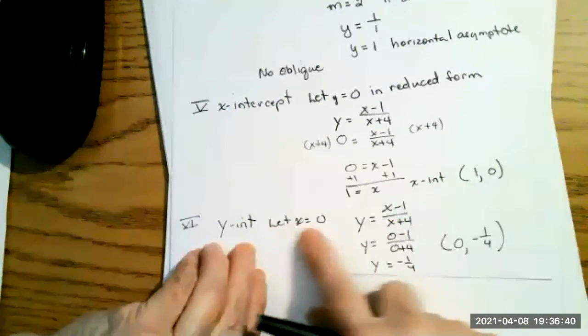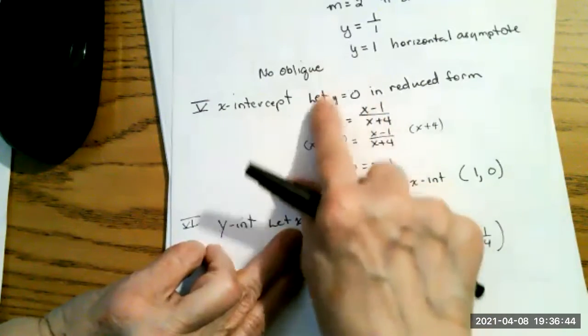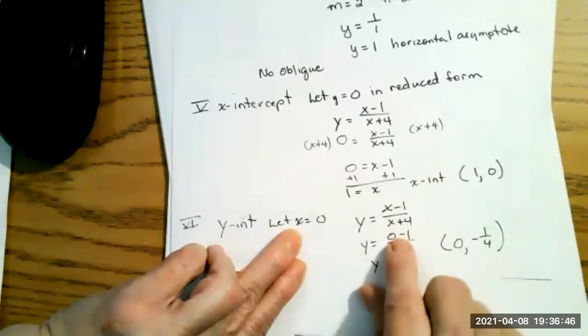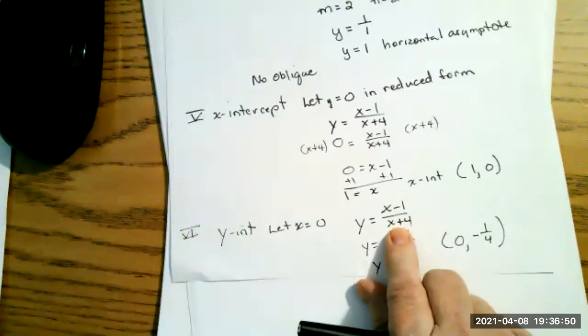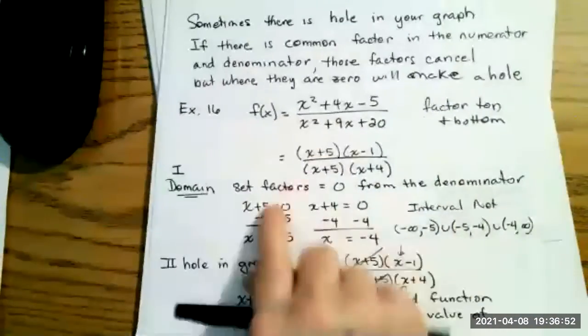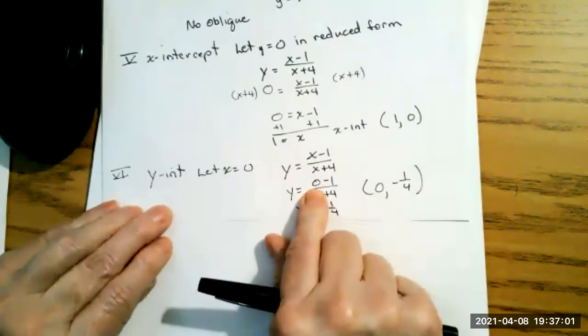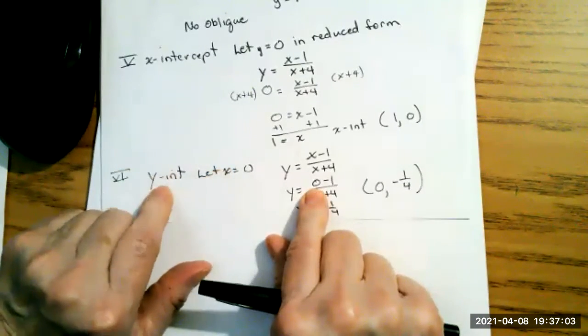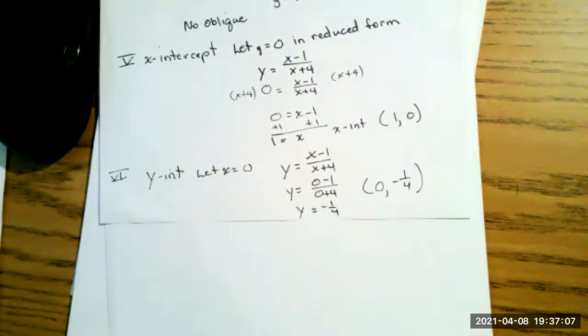So the y-intercept, you're using the same reduced form, x minus 1 over x plus 4. This is the one that already has the x plus 5s canceled out. Remember, these two canceled out. So this is what's left. It's the reduced form of it. Then you put 0 in for x to get the y-intercept. It gives you negative 1/4.